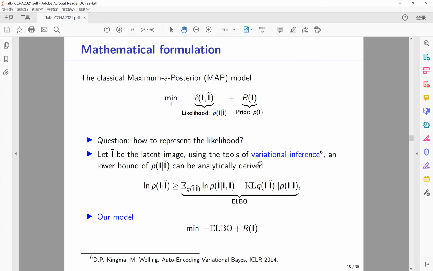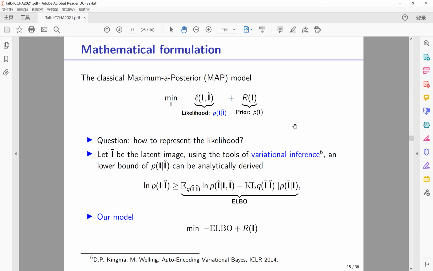I think this was proposed in the variational autoencoder. Then if I can get some computable form of this ELBO, I can replace this MAP model by this new model. This is not accurate, but it provides a good approximation for our classical model.